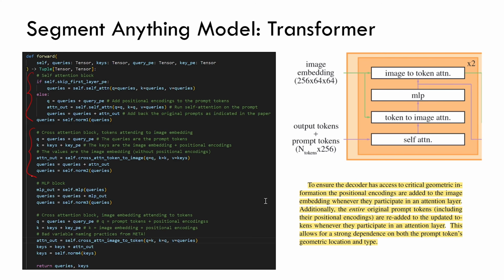What is a cross-attention? Basically, a cross-attention is an attention in which the query comes from one side and the key and the value come from another side. If you remember my video about the transformer model, in a translation task, imagine we are translating from English to Italian, or English to French, or English to Chinese. Usually, we first run in the encoder a self-attention between all the tokens of the input sentence.